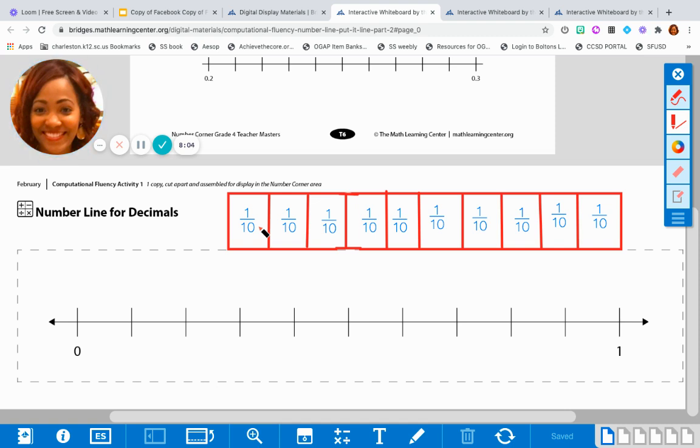For our purposes though, how can we use this model, or maybe even the number line if you chose to draw a number line, to compare 8/10 and 3/10? Where would I find 8/10? Right, so I'm going to mark that in a different color. Here would be 8/10.